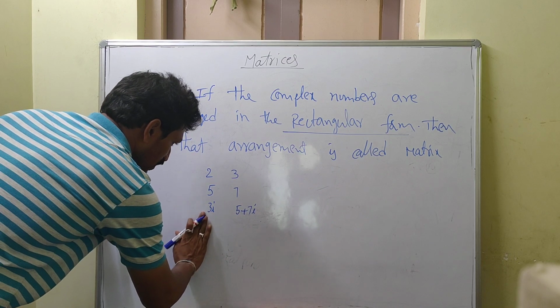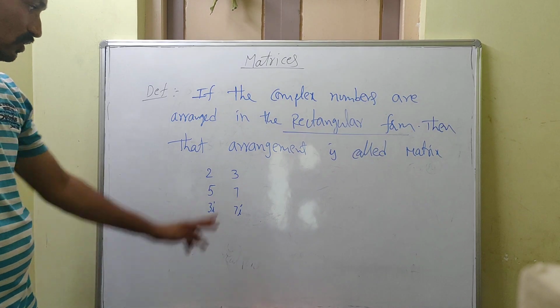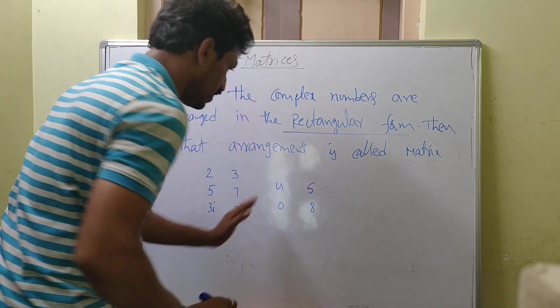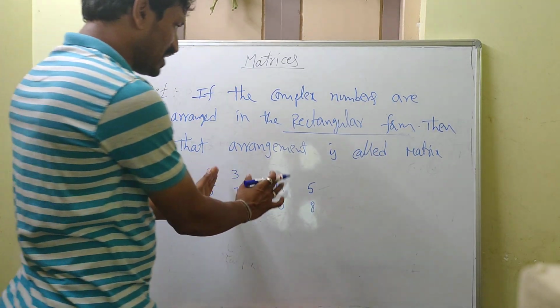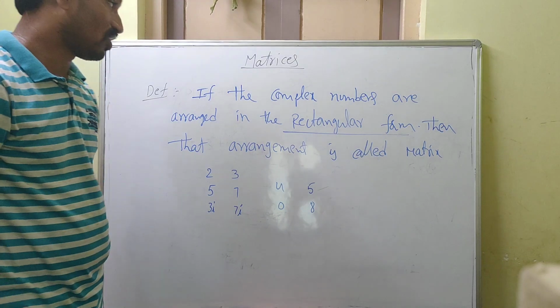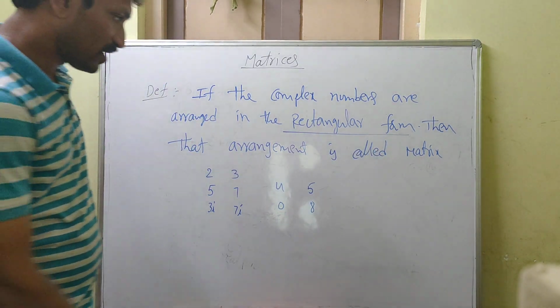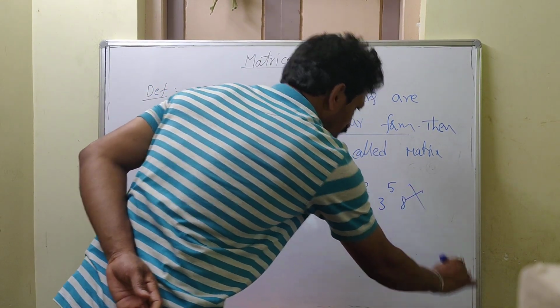Mostly if you write like this, it will be very comfortable. This is the rectangle. 3 5 0 8, this is also one rectangle. Like this, arrangements are called matrices. But if you write like this, 2 5 3 8, it is not a rectangle shape.